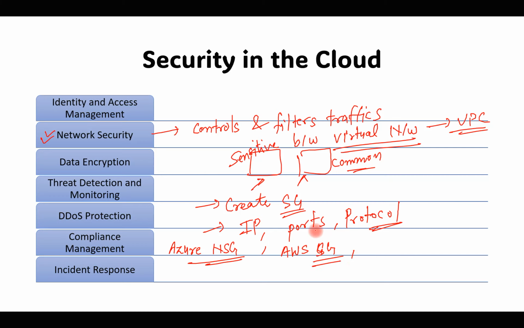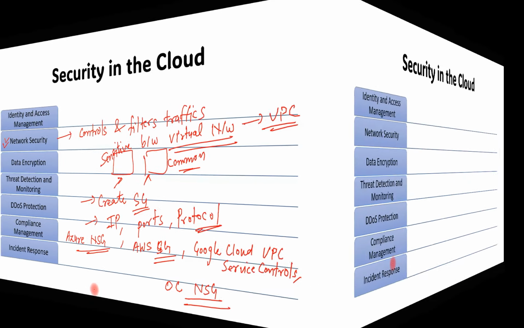In Google Cloud, we have Google Cloud VPC Service Controls. In Oracle Cloud, we have Oracle Cloud NSG. So these are the services related to network security from different cloud providers.